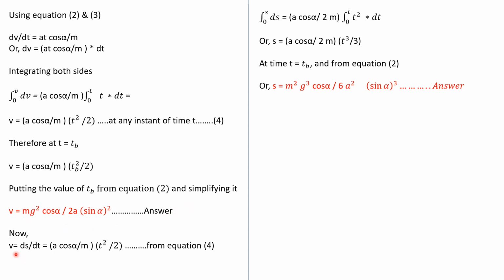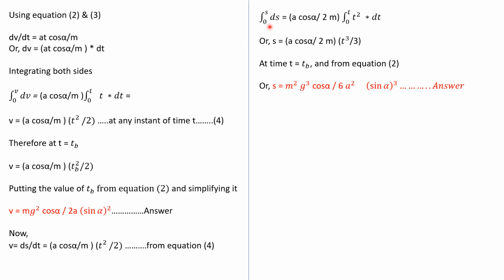We further know that v is ds by dt at any instant. And from equation 4, we put the value of v at any instant, A cos alpha by m t square by 2. Integrate both sides.